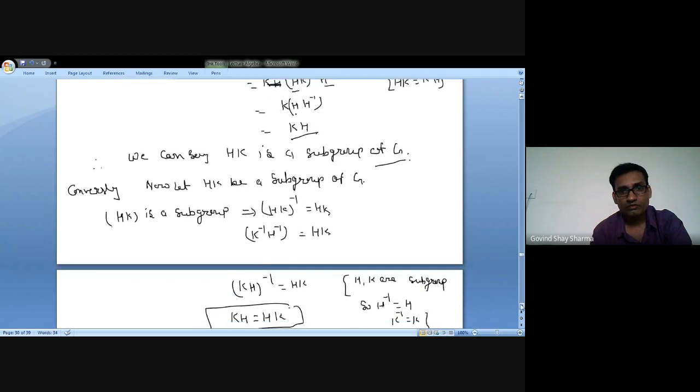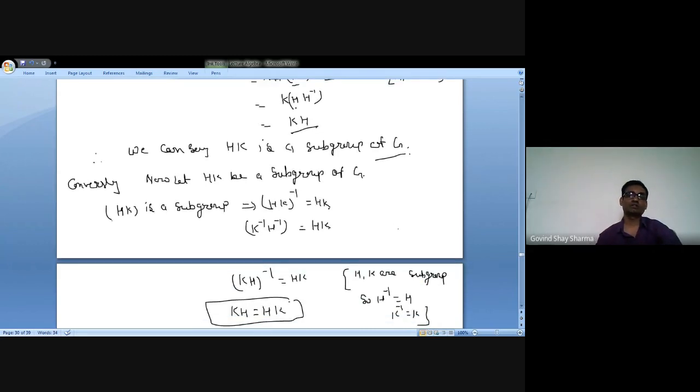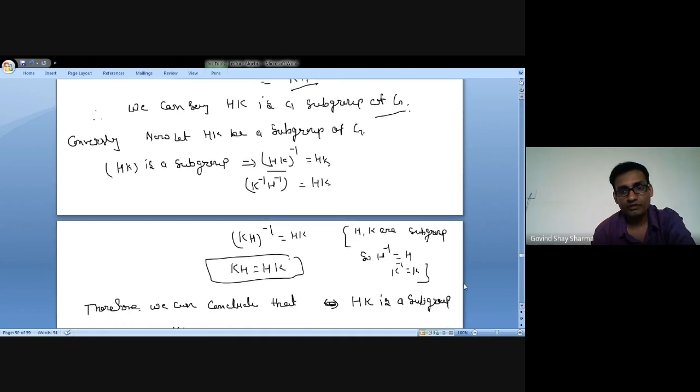Now conversely, we take HK as a subgroup. Then for a subgroup HK, the inverse of HK is also HK, so K inverse H inverse is equal to KH because it is the property of a subgroup, and K inverse H inverse becomes HK.